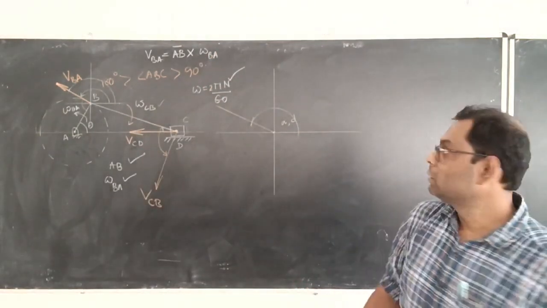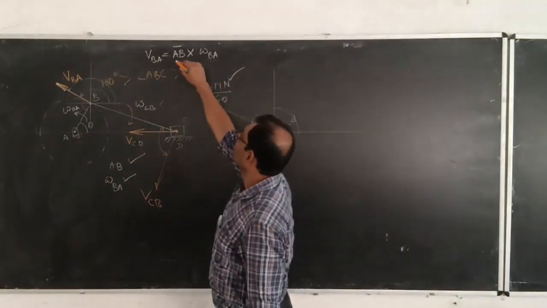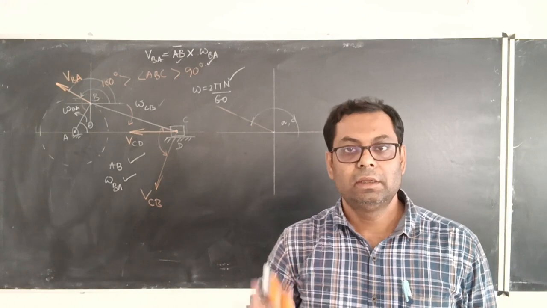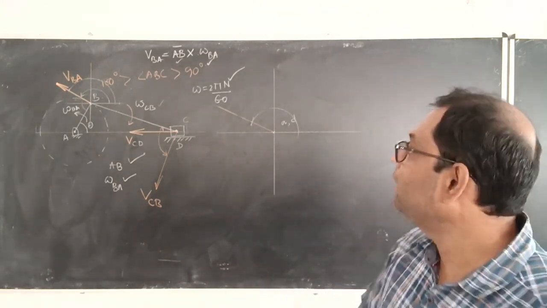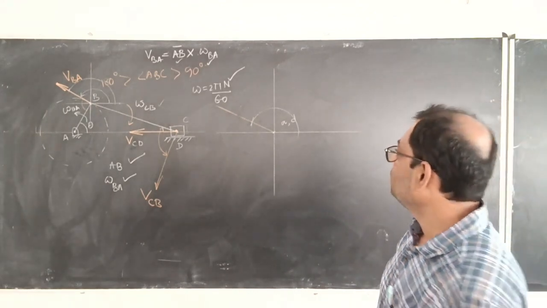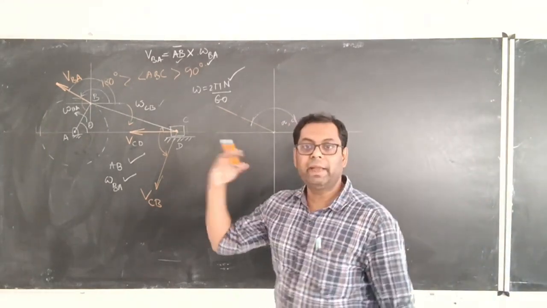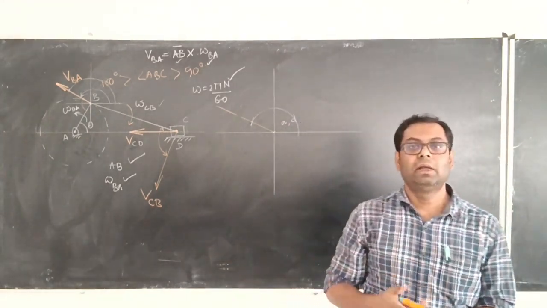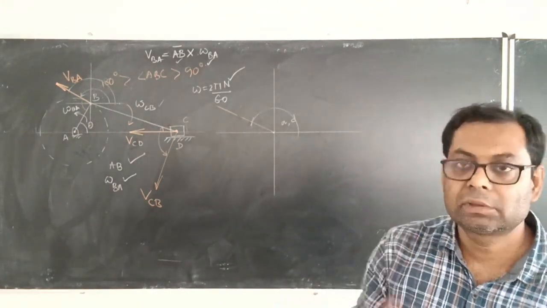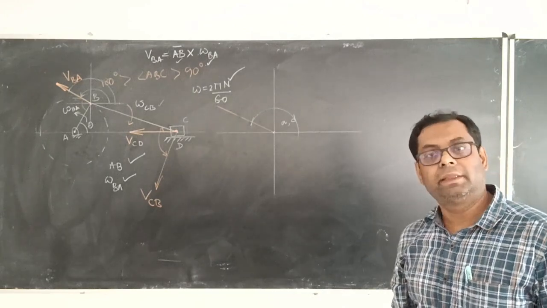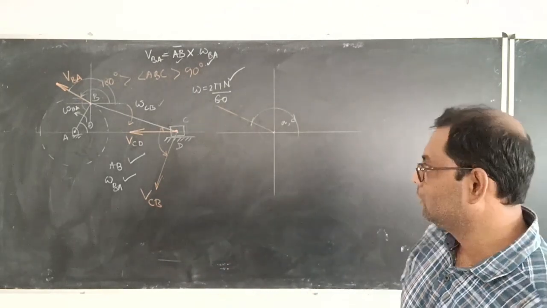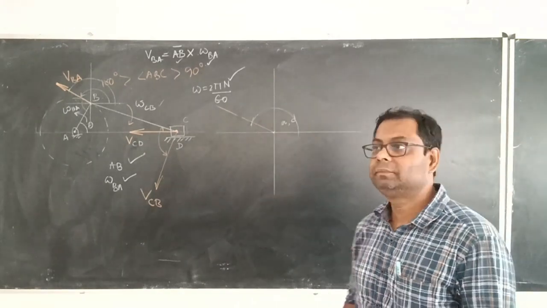Got it? So you have these two real data. If you know these two, then you can find out the value of VBA. Suppose you get the VBA value equal to 500 millimeter per second. This is the velocity value you got from putting in these two values.